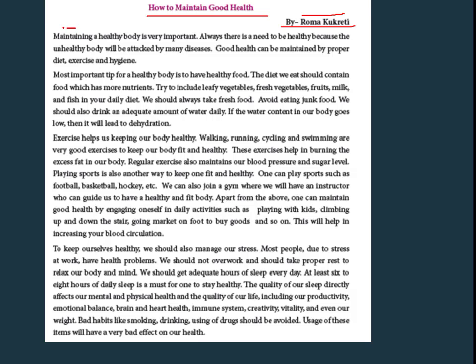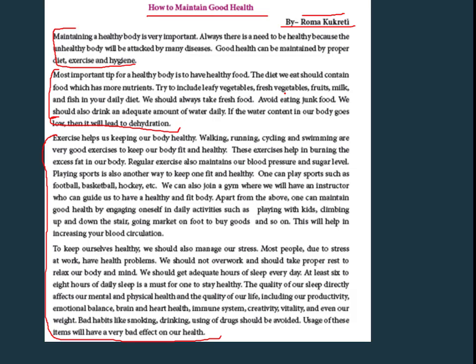This is your lead sentence or lead paragraph, and then followed by the introduction. So here the introduction of the topic is given, and this is the body of the article. I am going to send you the PDF file, so that you can have a close examination of this article.